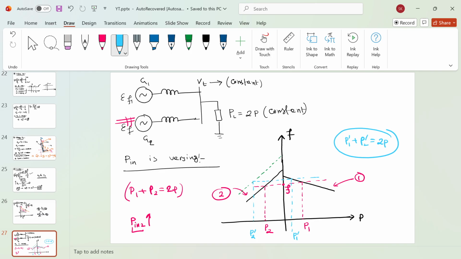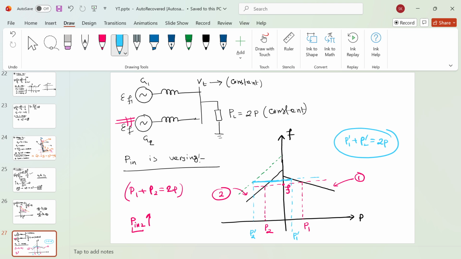Here you can see, in case of increment of input active power from the generator G2 side, it is sharing more power compared to generator 1. Okay, so this is the case.